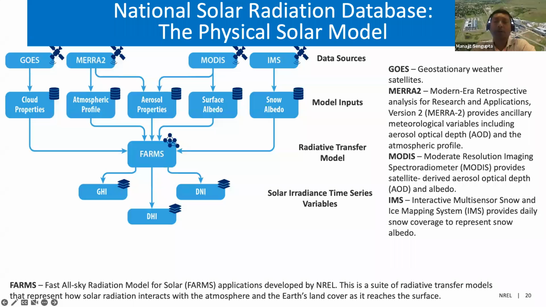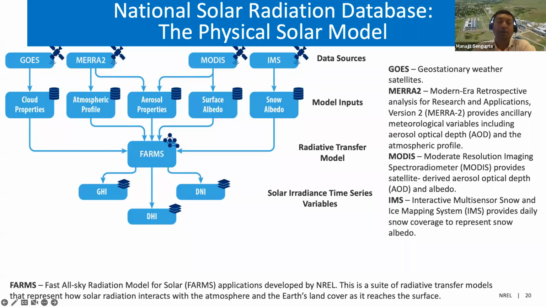The second layer is other products we derive from these different raw data sources. So for solar radiation, we do need the cloud properties. We need to identify whether it's clear or cloudy. We need the cloud properties. We need an atmospheric profile. We need the aerosols, the surface albedo, and of course, when there's snow, we need the snow albedo.